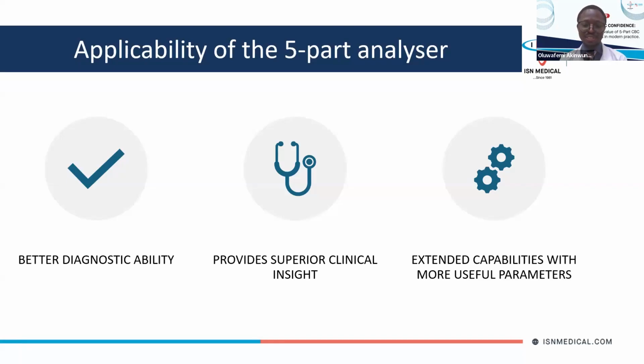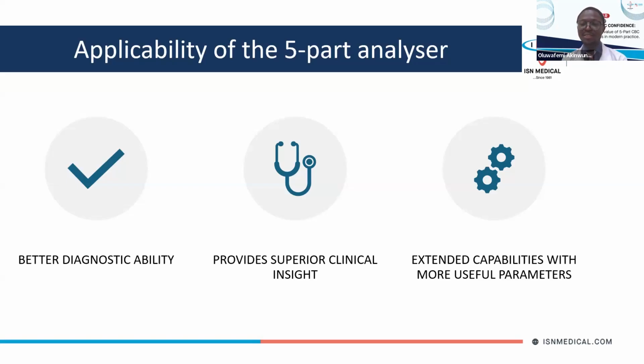And that has created a new problem, in which people are beginning to question how many parameters we want to generate on our full blood count. You see some full blood counts with 16 parameters, some with 13, some with 22, some with 28, and so on and so forth. And questions have been raised as to the usefulness of some of these parameters now.